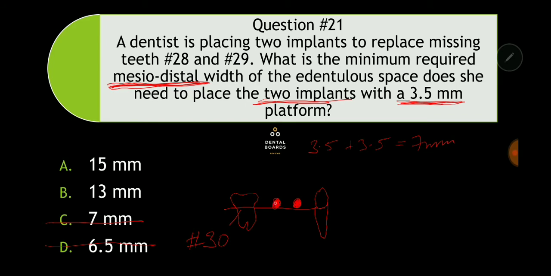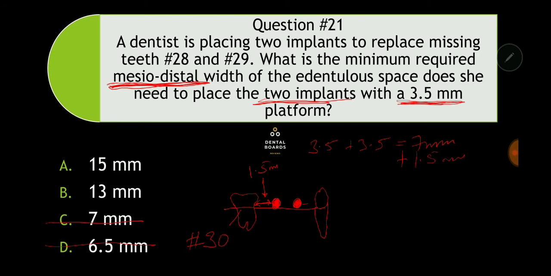For the implant distance from the natural tooth, this distance here is supposed to be at least 1.5 millimeters. So we have to add 1.5 millimeters. How about this implant here?